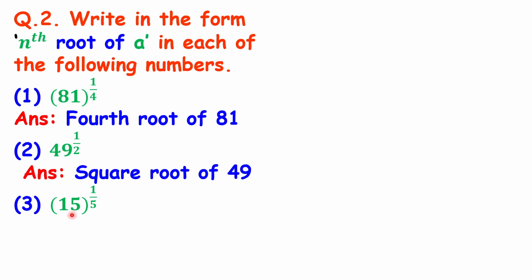Example 3, 15 raised to 1 upon 5. Observe the number in index form. Which is the base? Correct, 15 is the base. And which is the denominator of the index? 5 is the denominator of the index. So answer is fifth root of 15. Correct.